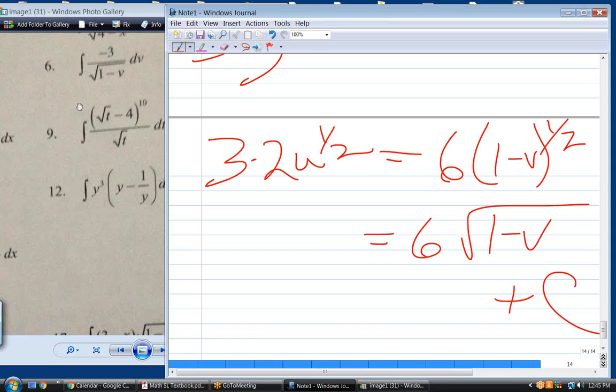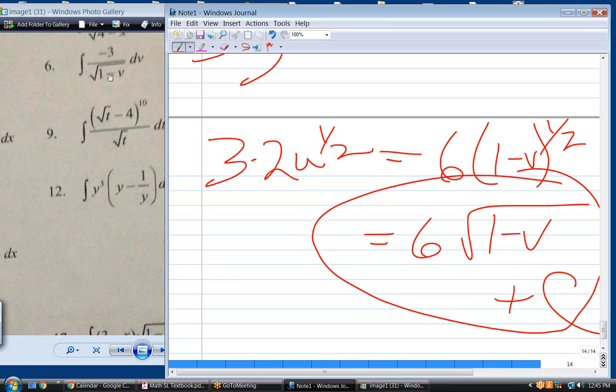Whenever you are taking an indefinite integral, you always have this c. And the reason is that if I differentiate that, the c disappears. If I differentiate this whole thing here, I'm going to end up with exactly what I started with.